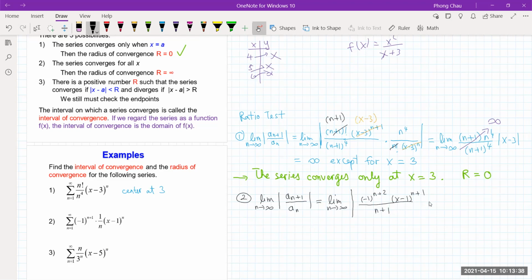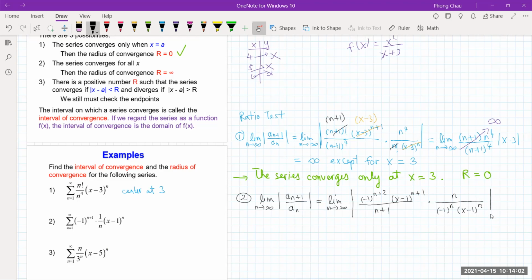Then we multiply by the reciprocal, and the reciprocal would be n on the top over negative 1 to the n on the bottom, and x minus 1 to the n on the bottom as well.